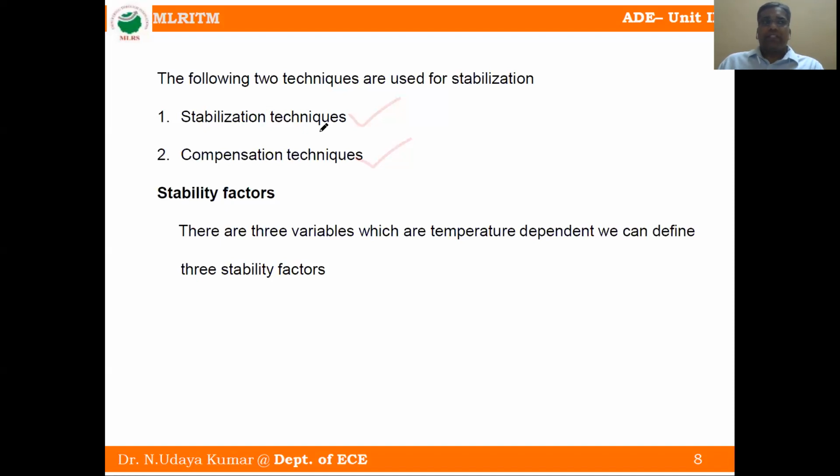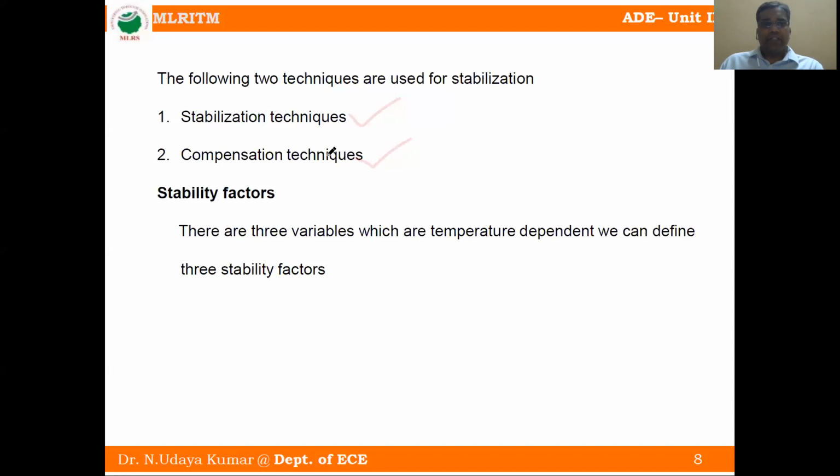The name suggests some compensation. If temperature increases, IC increases, and by using some other electronic devices we can compensate. If temperature increases, we have to reduce the heat by using some transistor or diode or thermistor or other devices. That is called compensation technique.